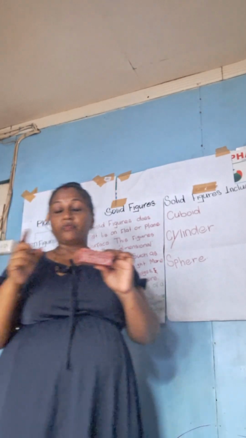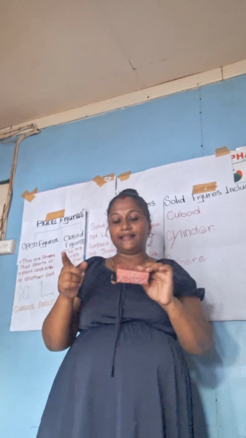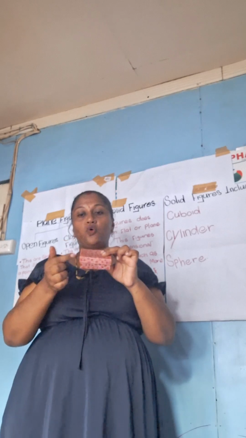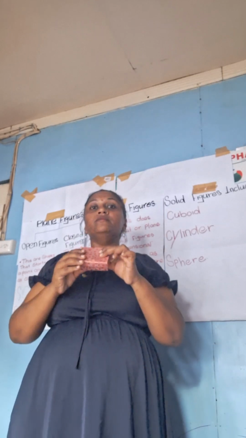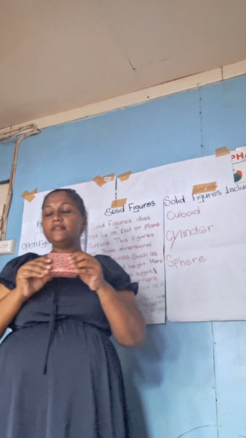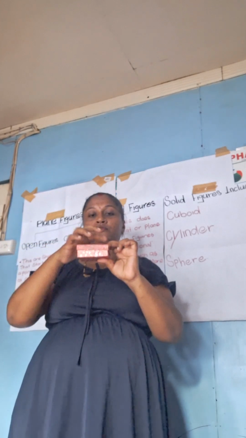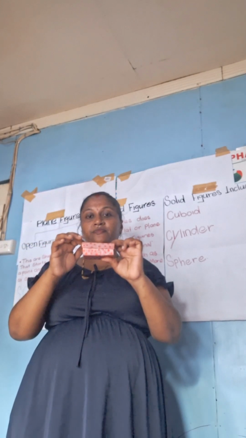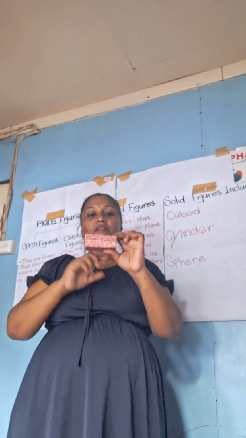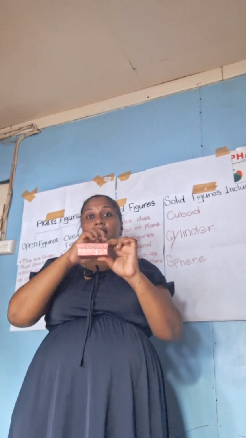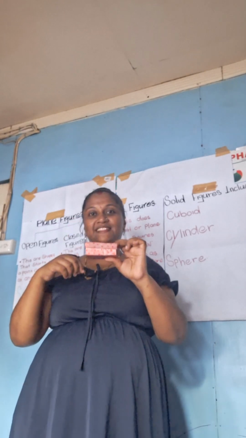There are 6 faces, right? Let us count together. 1, 2, 3, 4, 5, and 6. 6 faces. 12 edges as well, right? 1, 2, 3, 4, 5, 6, 7, 8, 9, 10, 11, 12.